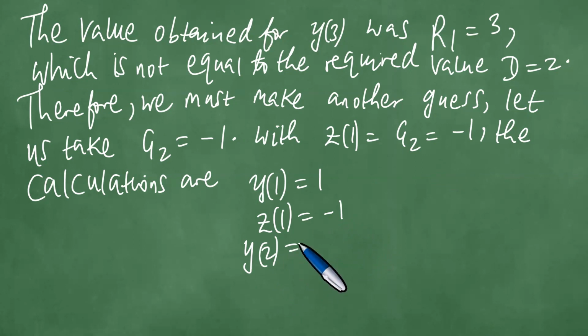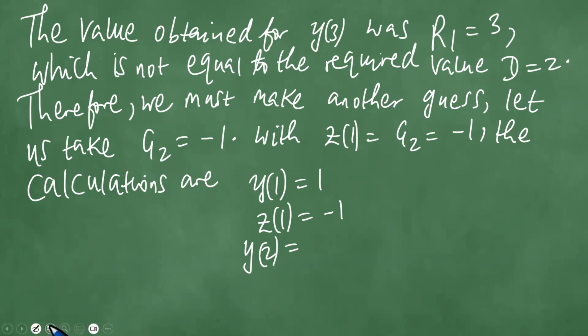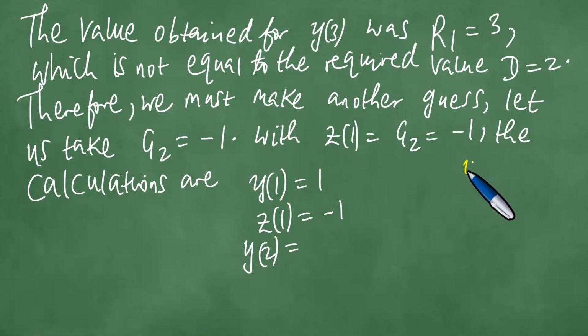To get y at 2, we use the Euler method. What is the Euler? y(i+1) equals y(i) plus h f(xi, yi).